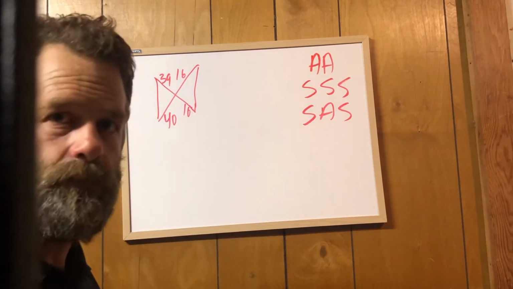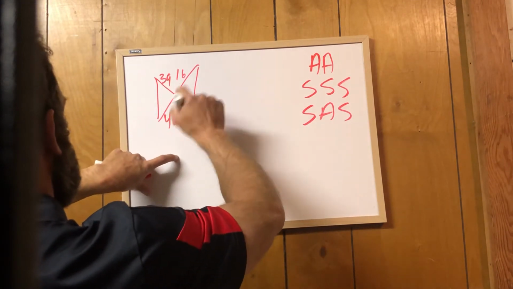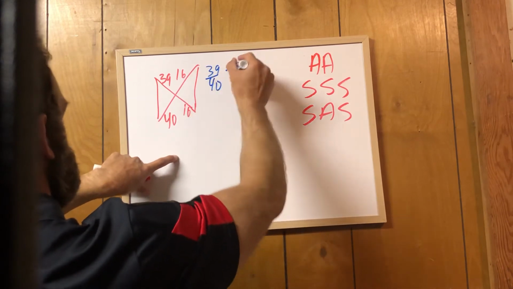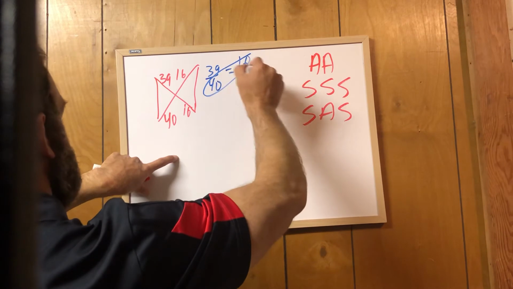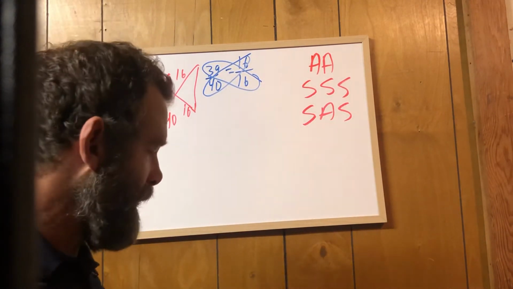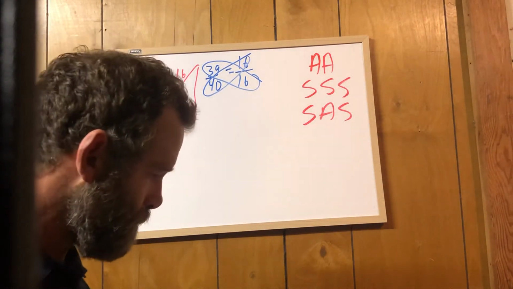They're not the same shape. But if you wanted to back it up mathematically, you could say 39 over 40, does that equal 16 over 16? And 40 times 16 is not the same thing as 39 times 16. Two different numbers. So mathematically, they are not similar. So you would say no. Next one.